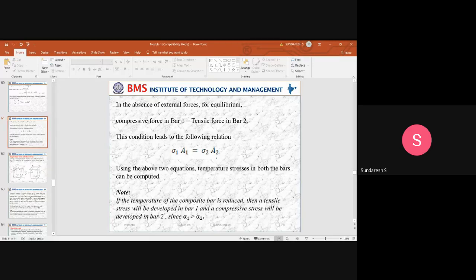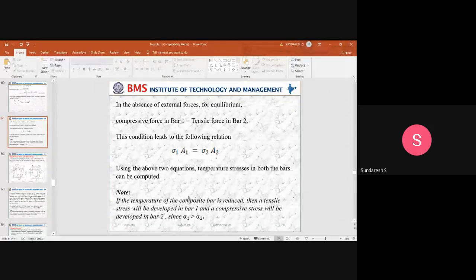So if the temperature of the composite bar is reduced, it will be totally the converse. Please remember this. Then a tensile stress will be induced in bar 1 and compressive stress will be developed in bar 2, since alpha 1 is greater than alpha 2. Could you understand this?